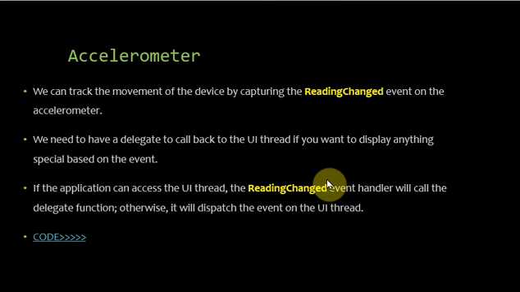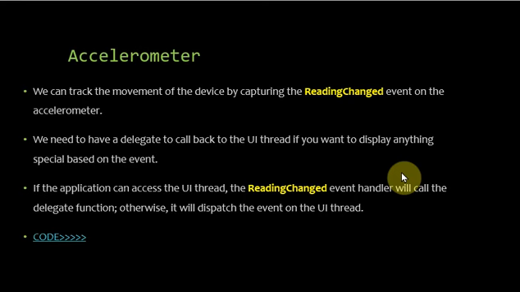If the application can access the user interface thread, the reading change event handler will call the delegate function; otherwise it will dispatch the event on the user interface thread. Overall, any movement that has happened, whether in the x, y or z direction, that is in three dimensions, will be captured and told to us by this accelerometer.